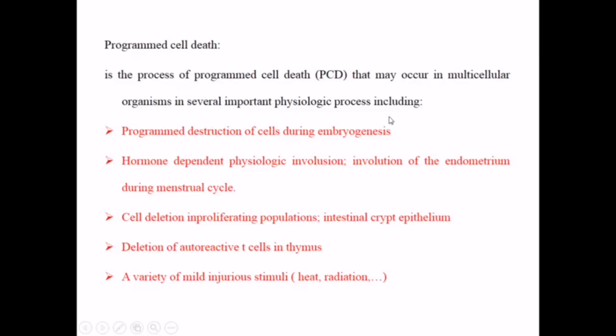Several physiological processes include programmed destruction of cells during embryogenesis, hormone-dependent physiologic involution, like in the endometrium during the menstrual cycle, cell deletion in proliferating populations such as the intestinal crypt epithelium, deletion of autoreactive cells in the thymus, or a variety of mild injurious stimuli like heat and radiation.